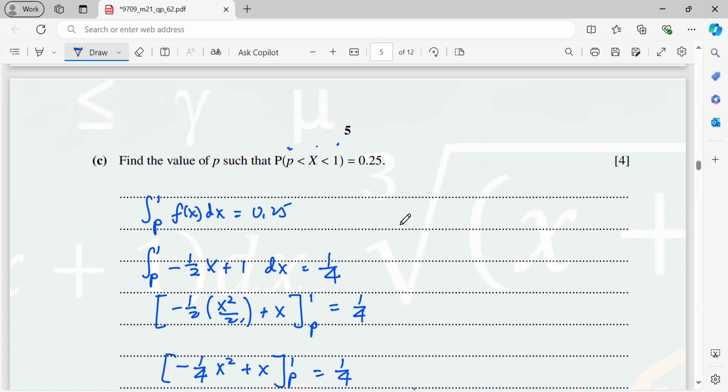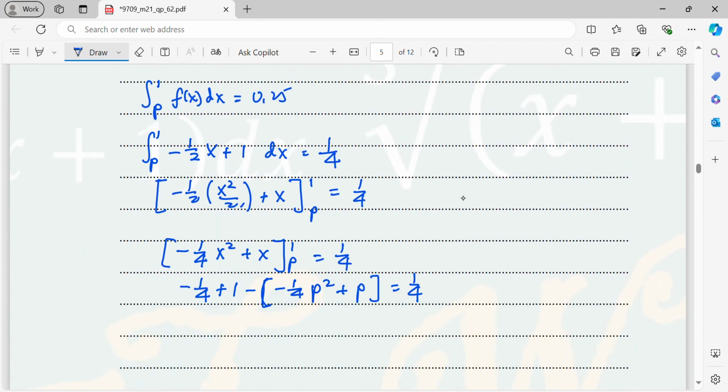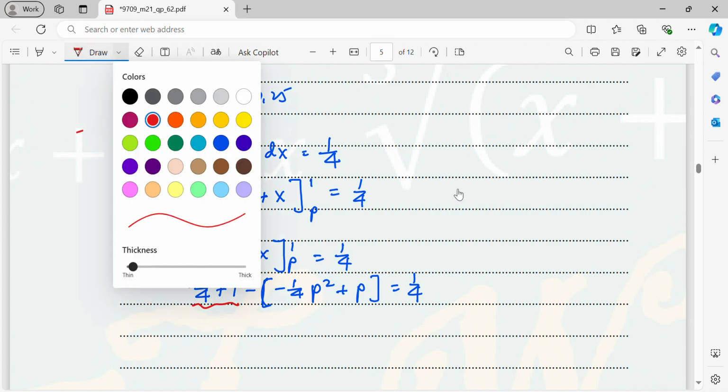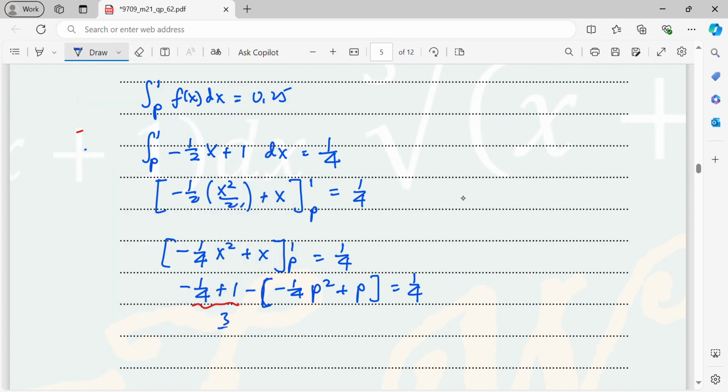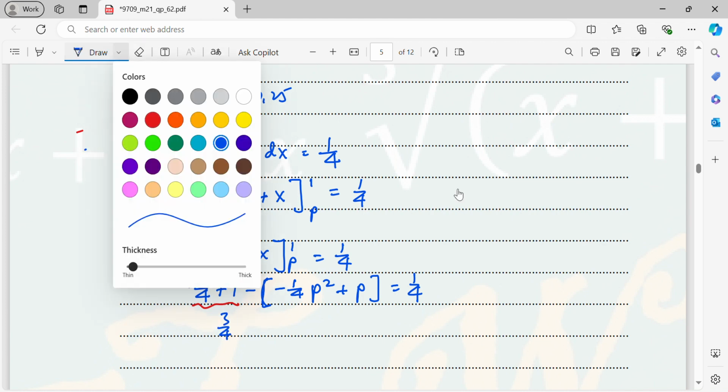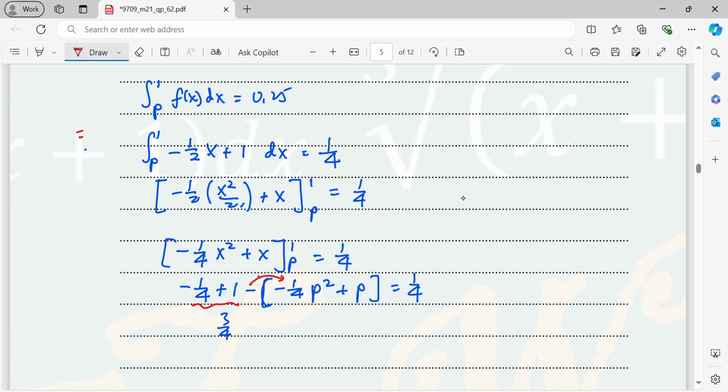Now the question says find the value of p, meaning just 1 p. Then from here, I can simplify first. Look at this, negative 1 over 4 plus 1, that is 3 over 4. Then the minus will times into the bracket.